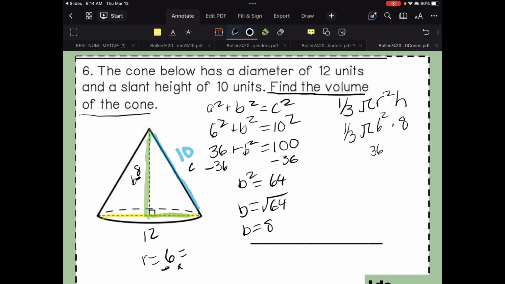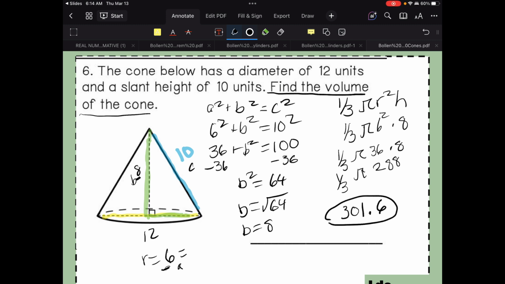We get 36 times 8 times pi times 1/3. 36 times 8 is 288, times pi times 1/3 is equal to 301.6.